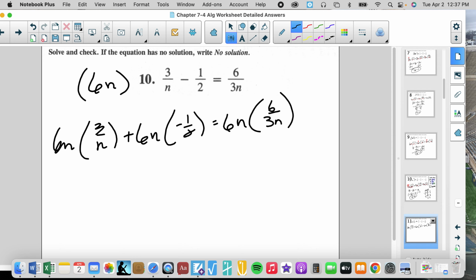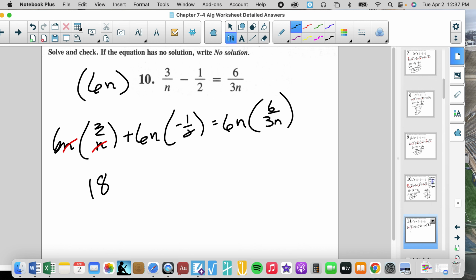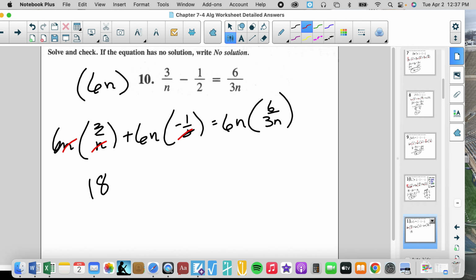If you wanted to write 2 over n, write 2 over n. We're going to cancel the n's. You're left with 18. We're going to cancel the 2's, and that's 3. So that gives me negative 3n equals, n's cancel, 3 cancels with the 6 equals 12.